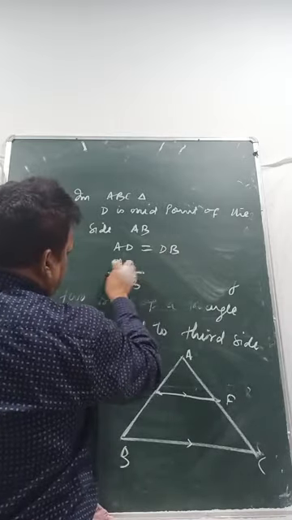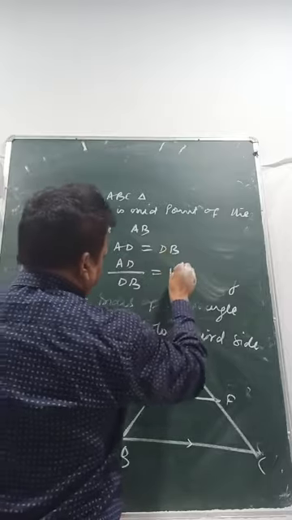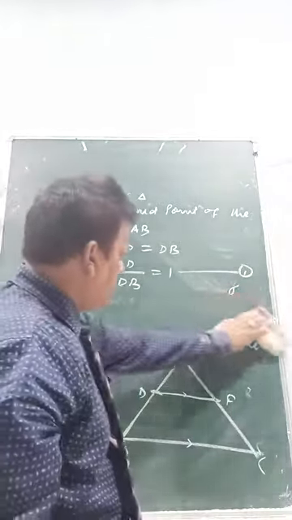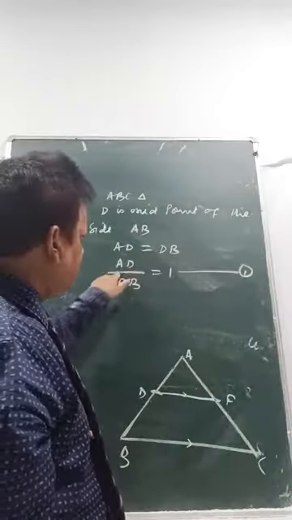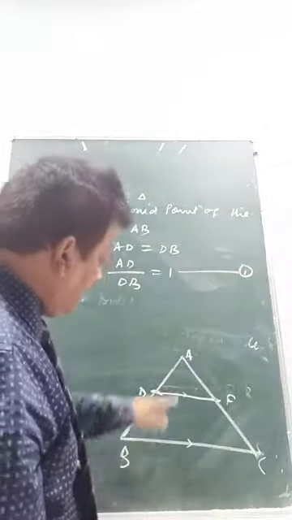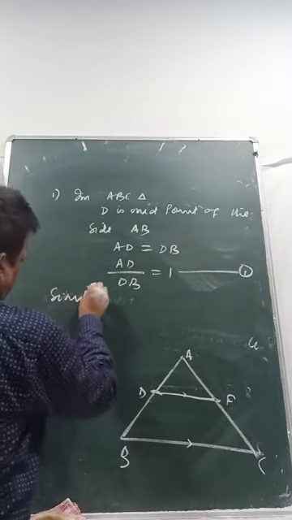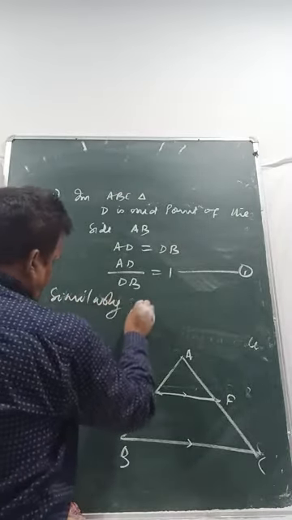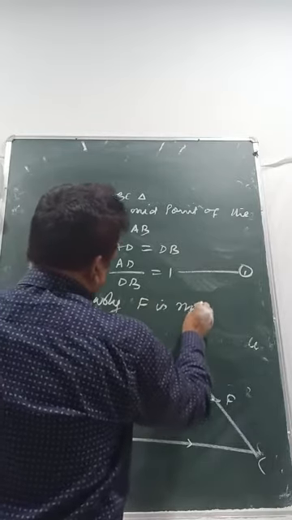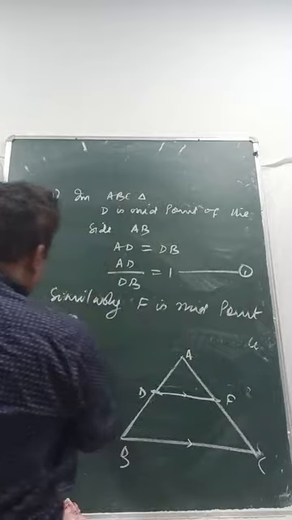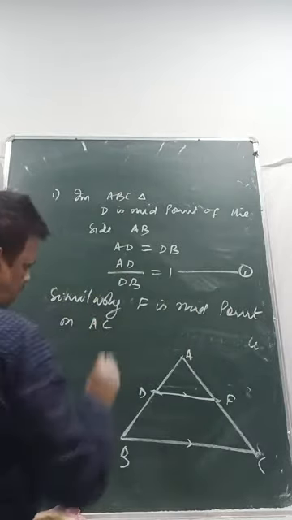If you bring this one here it will be 1, because this will come down, so 1 will remain. Similarly, F is the midpoint on AC.